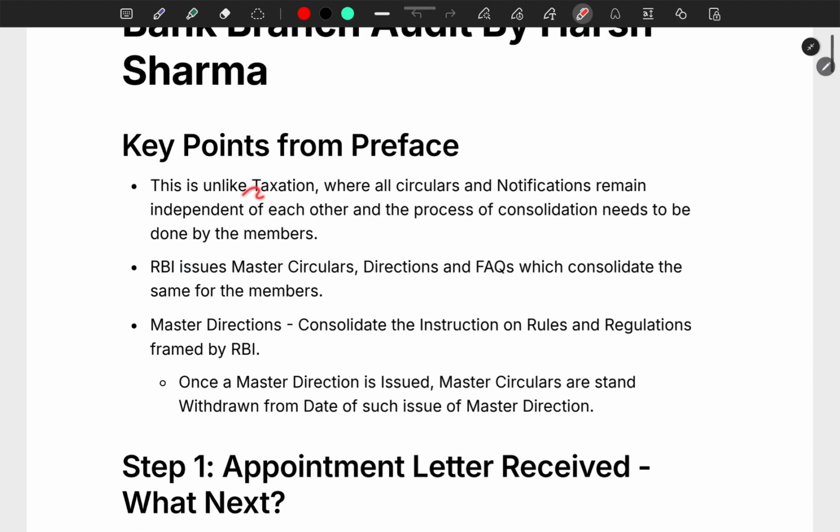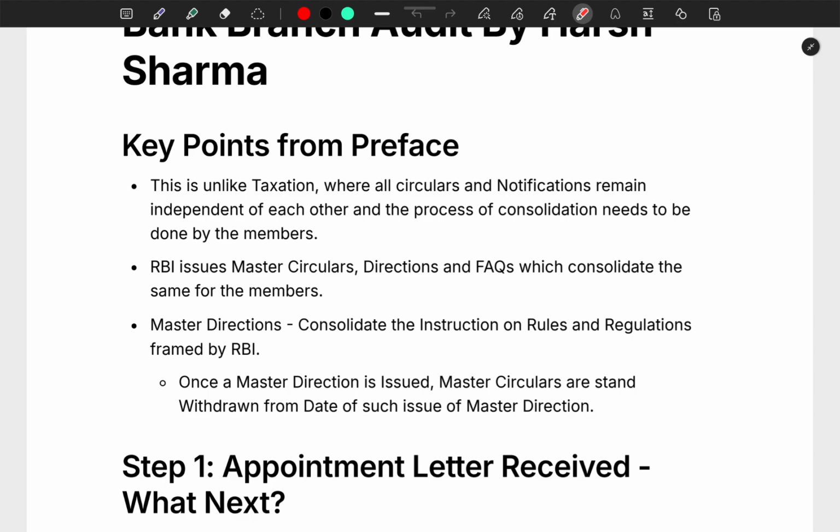So first of all, it is not like taxation where all the circulars and notifications are independent. I wish GST was not like what it has been, a mass of notifications and all.